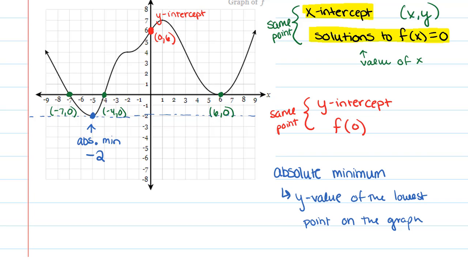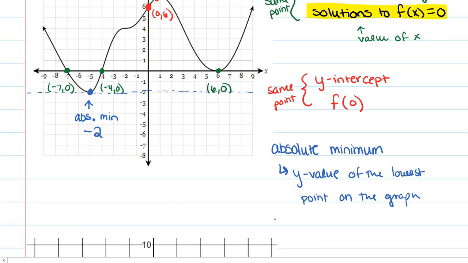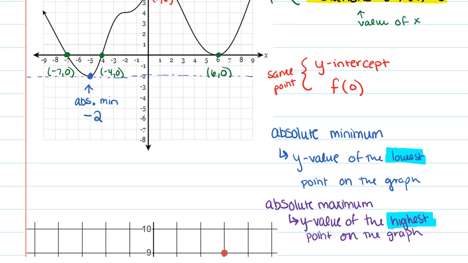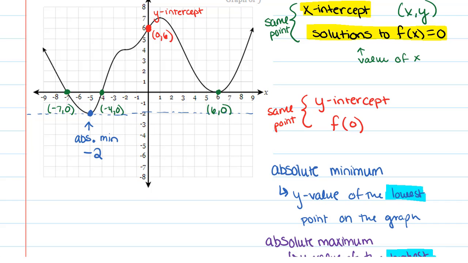And lastly, we have the absolute maximum, which is just like it sounds, the y value of the highest point on the graph. All right, and let's see what that looks like on this graph. I know we're getting a little bit messy here. I'm actually going to have to erase the y-intercept in order to see it. So if I'm looking at this graph, the very highest point is way up here, kind of like the highest point of a roller coaster.